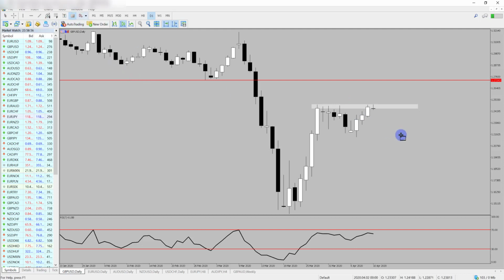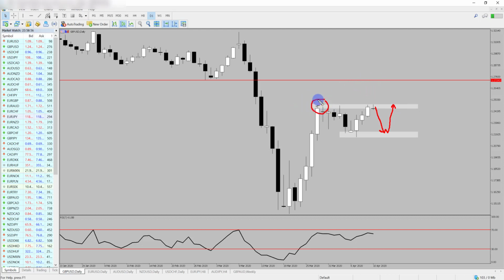So if we take a look at these swing lows in here, this is the support level, I should say, sorry. And what we can anticipate is if the market was to find resistance up here, expect a pullback into this low where it could find support, and then the market could again trend back to the upside.